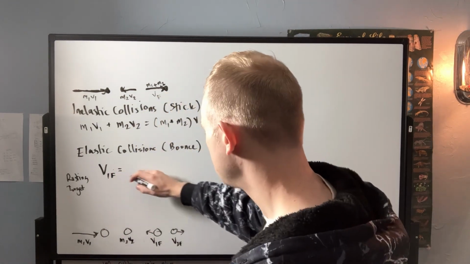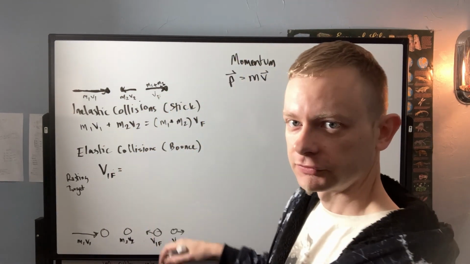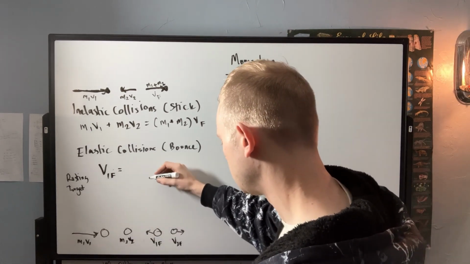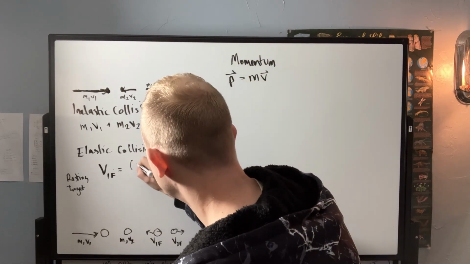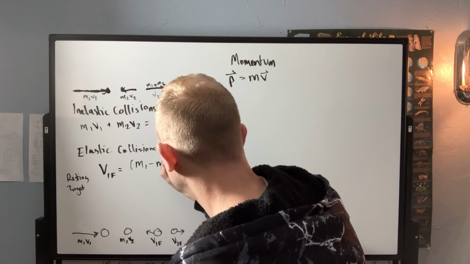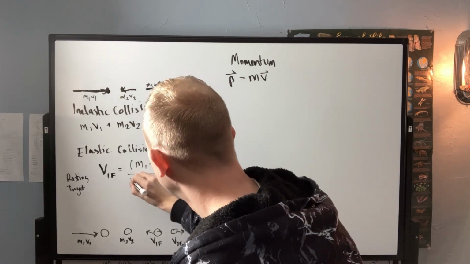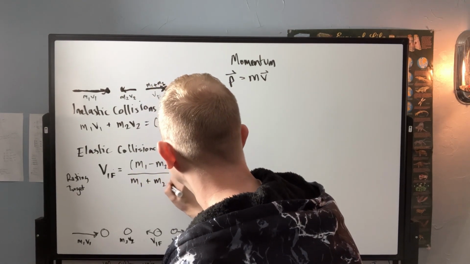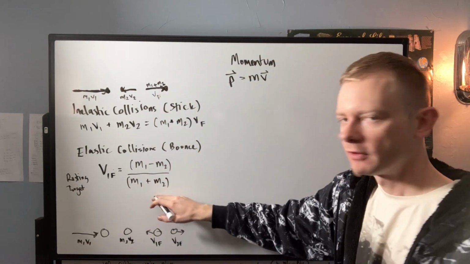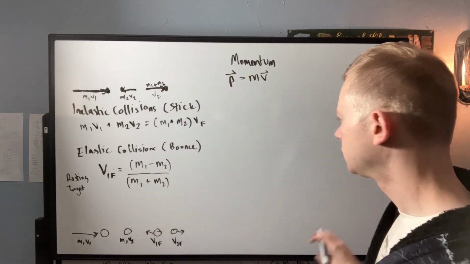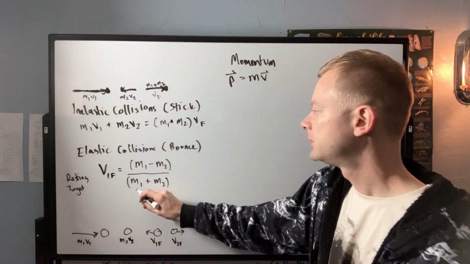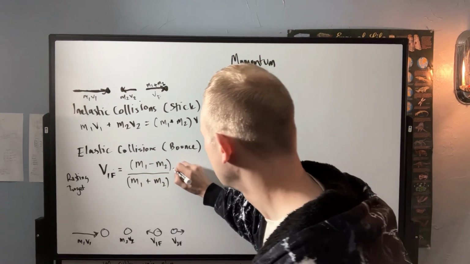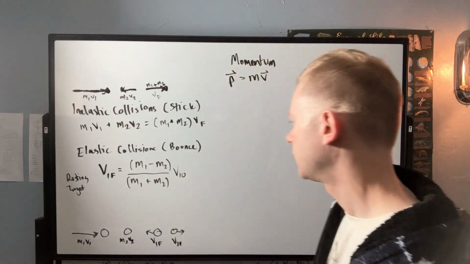So we have V1 being this one, the first ball's velocity after it collides. It's simple. It's just going to be (M1 minus M2) over (M1 plus M2). Now the denominators of all these different equations will be M1 plus M2. And at the end here, we always have a velocity.